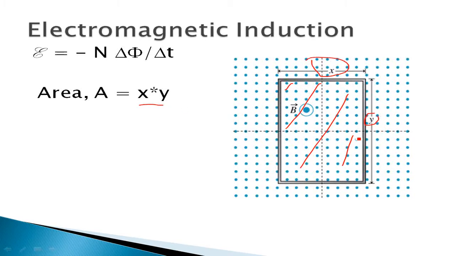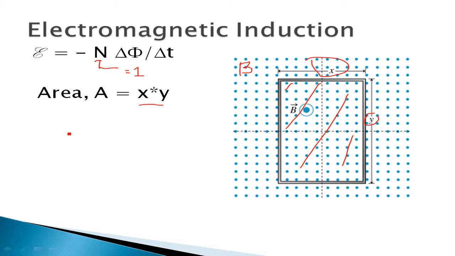This is a picture taken from your first problem in Mastering Physics in the chapter on electromagnetic induction. So in this case, we only have one turn, so n equals 1, okay, and the magnetic field would be given by the value of B here.